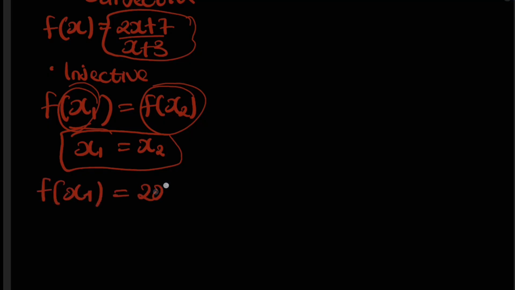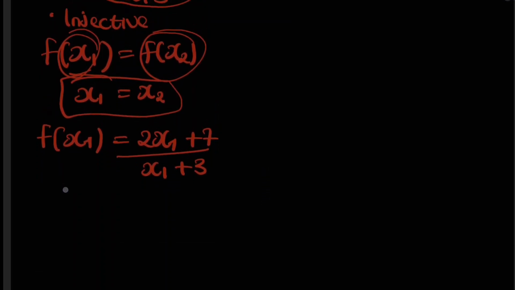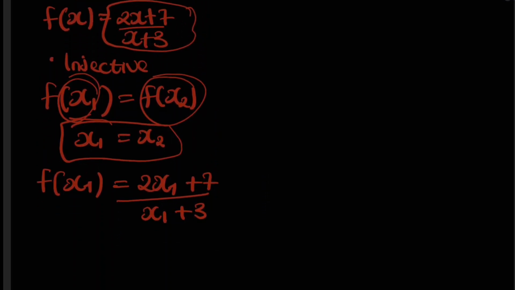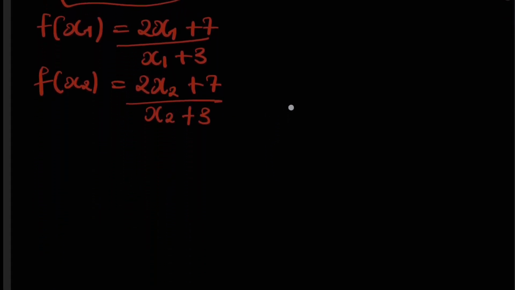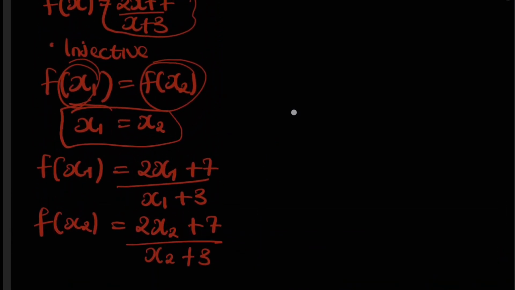We have 2x1 plus 7 over x1 plus 3. Take the next one, f of x2, equal to 2x2 plus 7, all that over x2 plus 3.